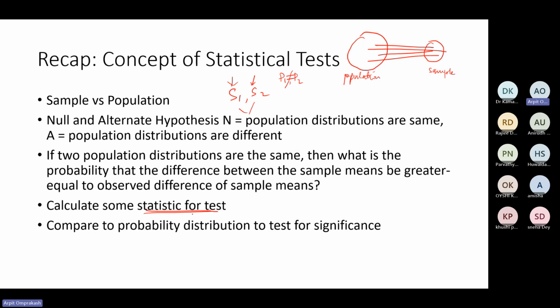Once you have a statistic, you calculate it for your given samples, and then you compare it to a suitable probability distribution to test if your results are significant enough, if the value that you're getting is high enough, so that you can reject your null hypothesis and say that both these samples maybe come from different populations. Okay, was that clear?